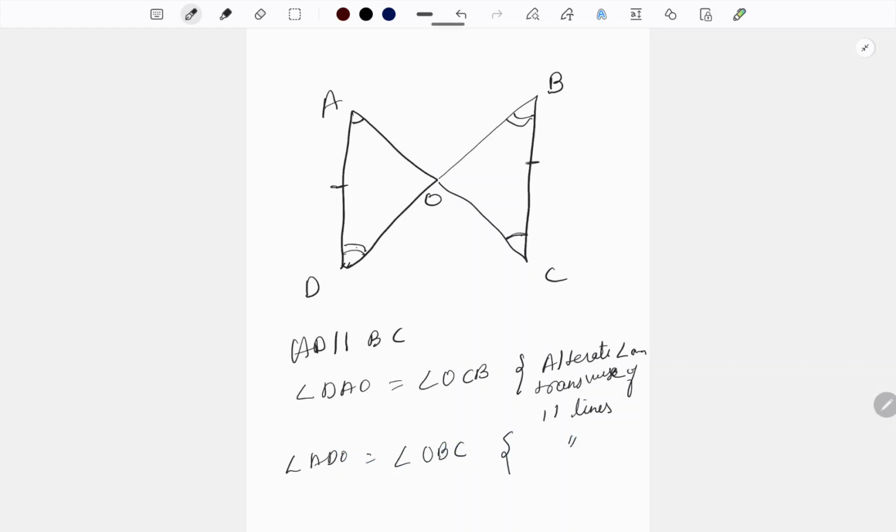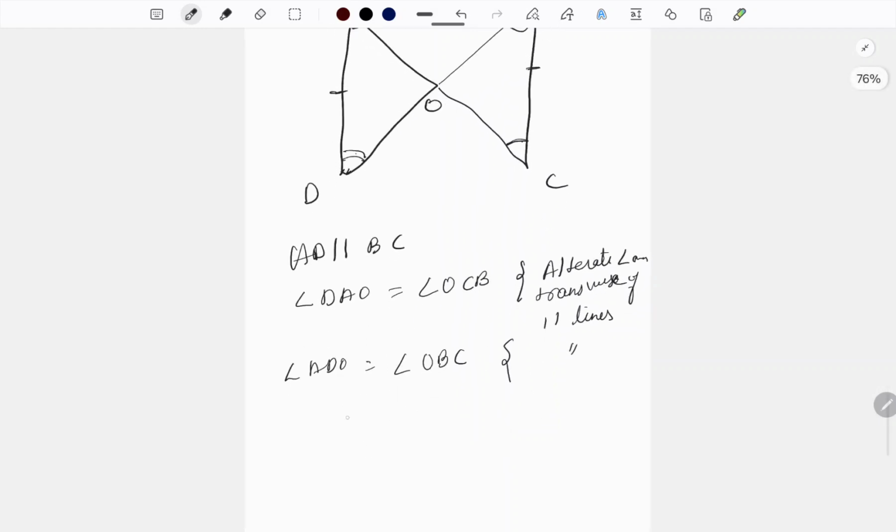Same, obviously same reason. Now, angle AOD is equal to angle COB. Why this? Because this is vertically opposite angle. Okay, so this is equal to this. These are straight lines.